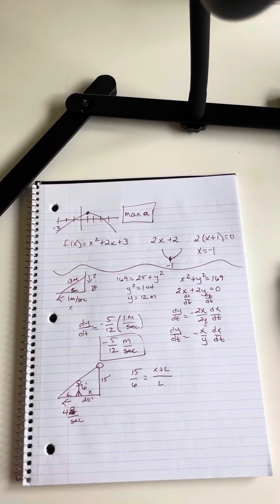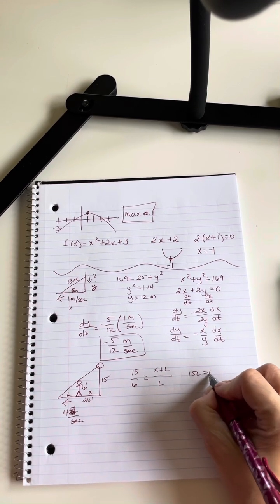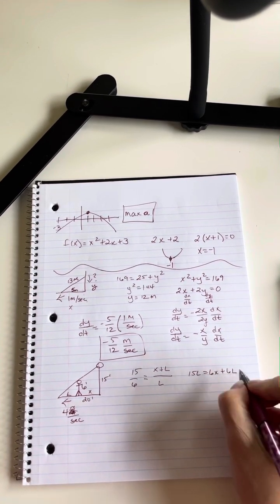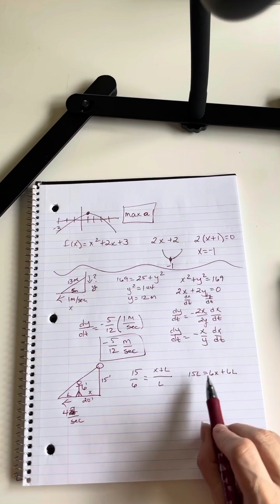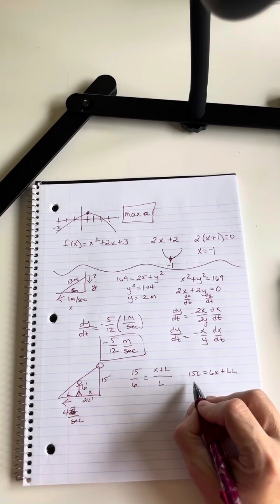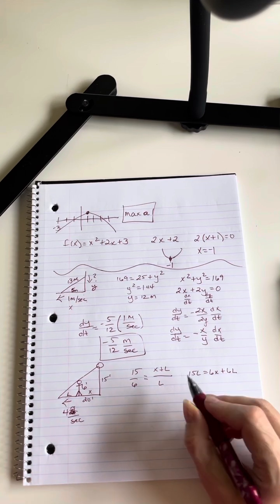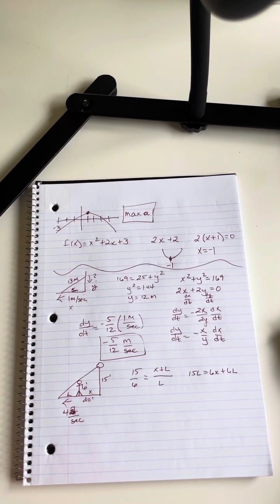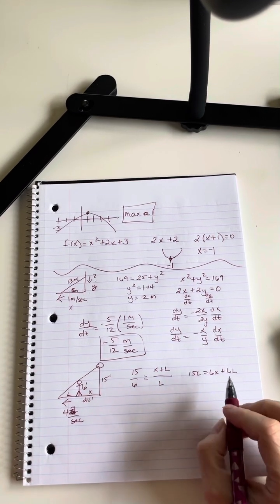Now to cross multiply that, I would get 15L equals 6X plus 6L. Are they putting their L? Yes. Okay, so put the L's together. I want to make sure I'm not skipping to their derivative. Yeah, my first instinct was right.